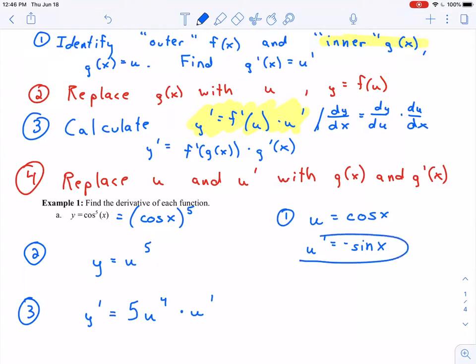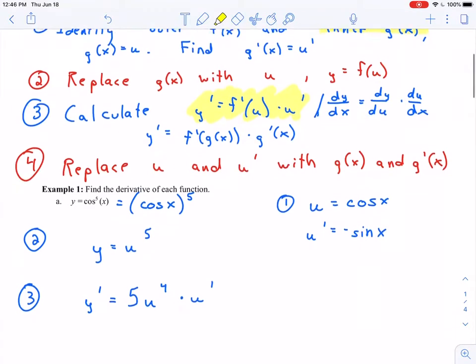If you want to go ahead and multiply by negative sine of x, you can. But we're going to be substituting in the next step. So I just say, why don't we do all of our substitution at once? So in every single one of these chain rule problems, we are always going to be multiplying by u prime. Every single time. So there is my third step.